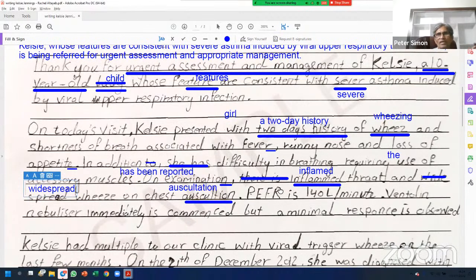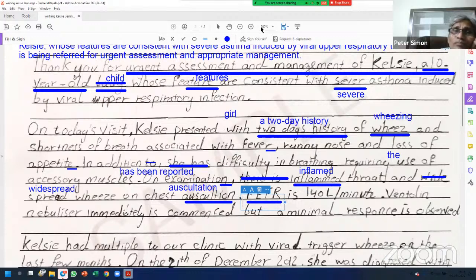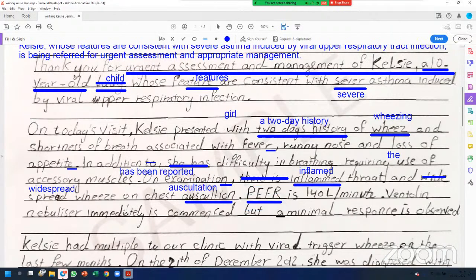PEFR. What do you mean by PEFR? Do you know what PEFR is? It is an abbreviation, short for peak expiratory flow rate. Can you tell me the full form? Peak expiratory flow rate.